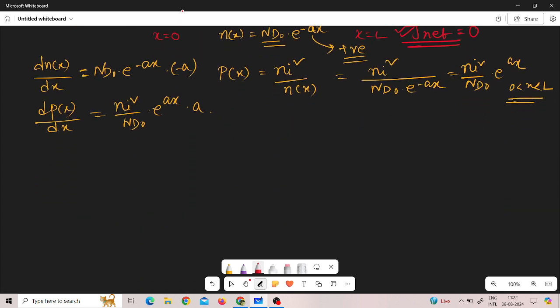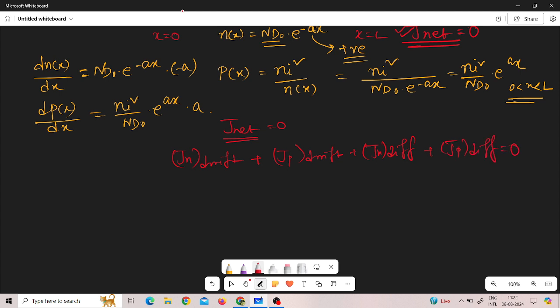Now here what we find: J net is equal to 0. So total current density equal to 0. The current density is due to electrons and due to holes: Jn drift plus Jp drift plus Jn diffusion plus Jp diffusion.